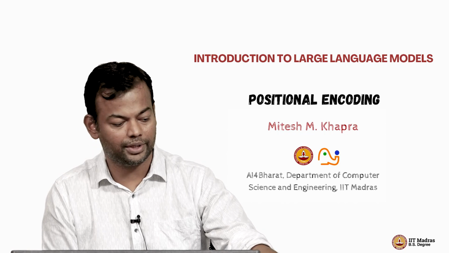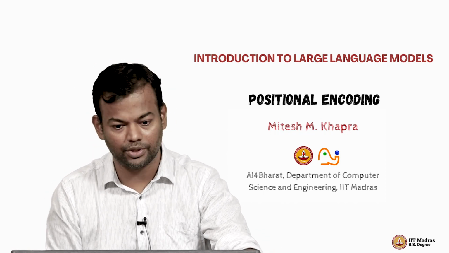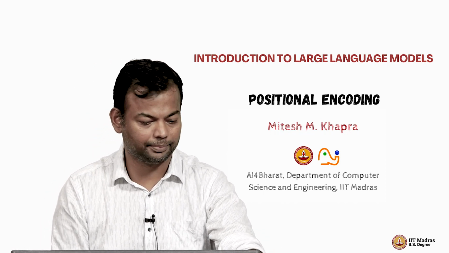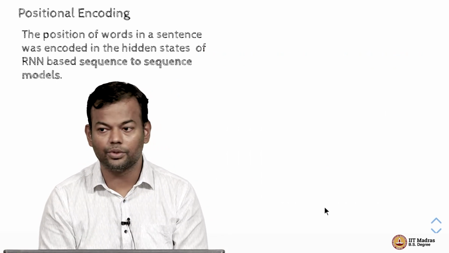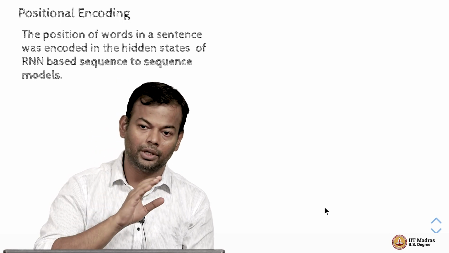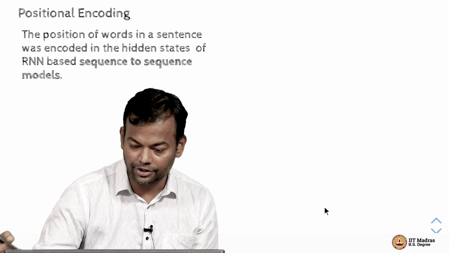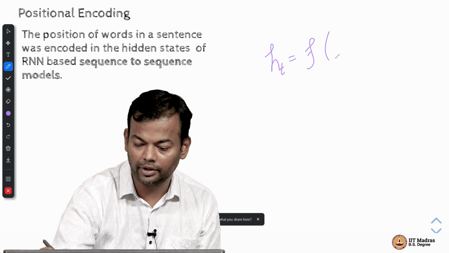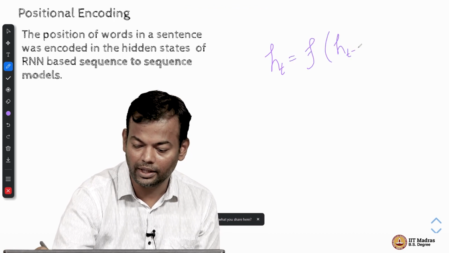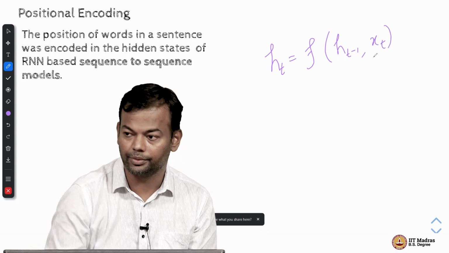And first thing I'll do is I'll try to motivate the need for positional encodings, right? So in the case of RNNs, when we had these sequence to sequence models, we had h of t as a function of h of t minus 1 as well as the current input, right.